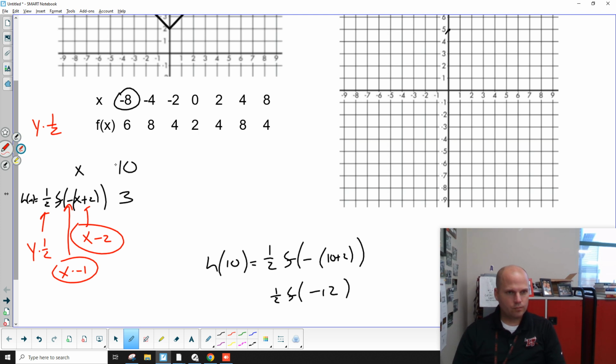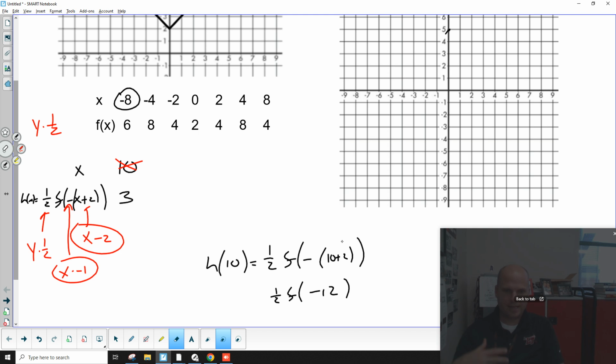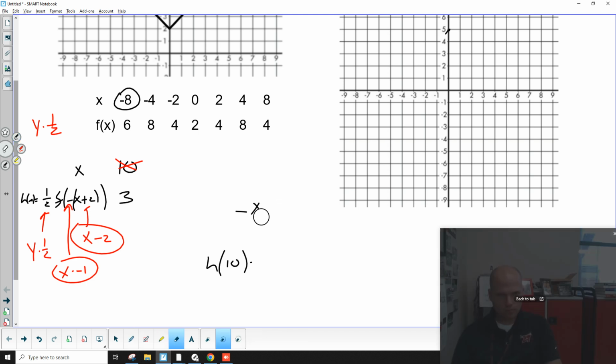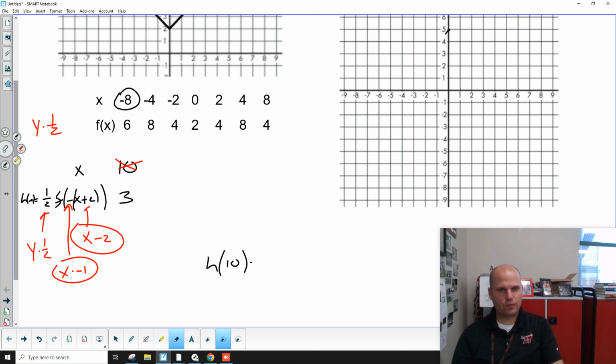This is wrong. What you find, again, it's like an inverse. It's like you're undoing what's being done. If you had an equation like negative x plus 2 equals your y's, what would be the inverse function? You would take the opposite of the y's first, and then you would subtract 2.